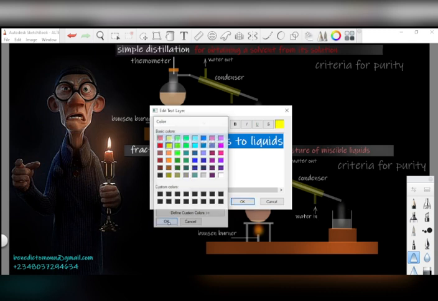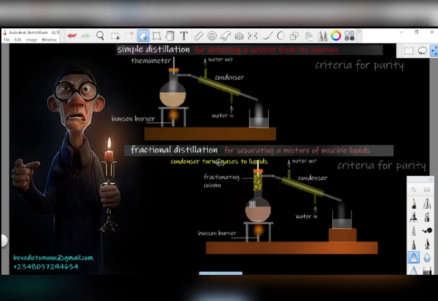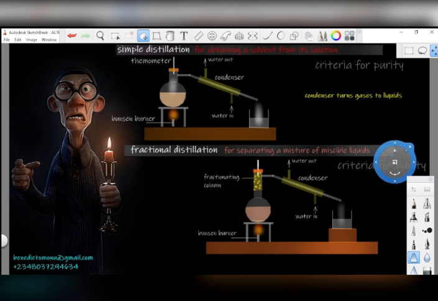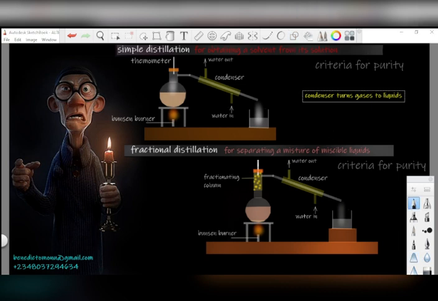In this case, you're going to get the solvent, which was initially a gas due to the high temperature, but now the condenser helps you to separate it by turning it into a liquid. And the criteria for purity here is difference in boiling point, because the solvent and the solute will have different boiling points. No wonder the solute will be left behind while the solvent, which is our main aim, is collected.